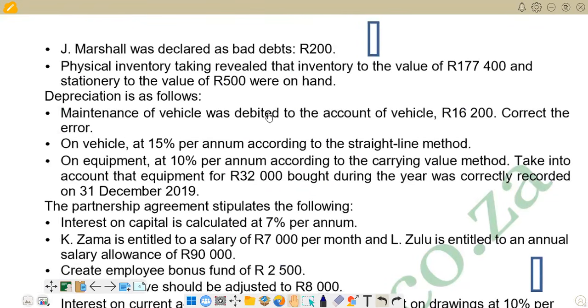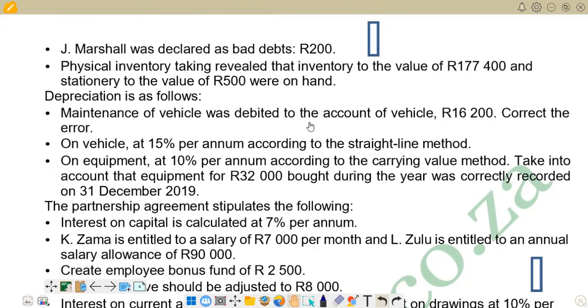inventory taking. We are going to have either an expense or an income. When you've got a surplus, it's going to be under income. When it's a deficit, it's going to be under expenses. So how are we going to calculate that?